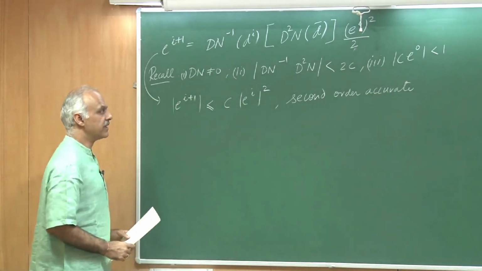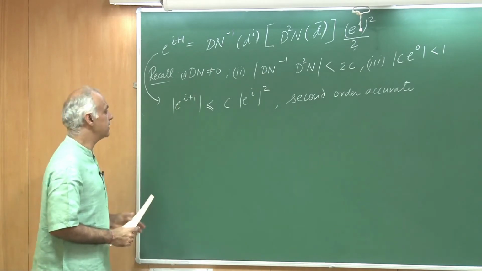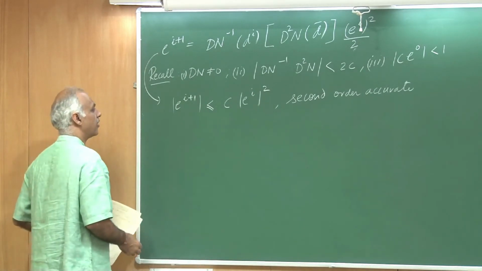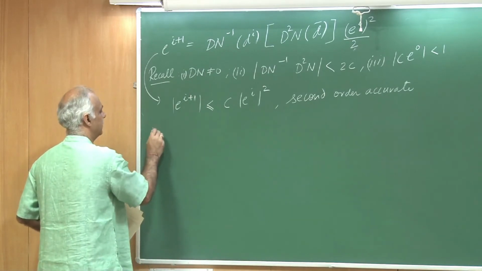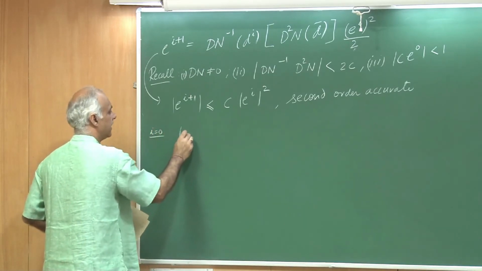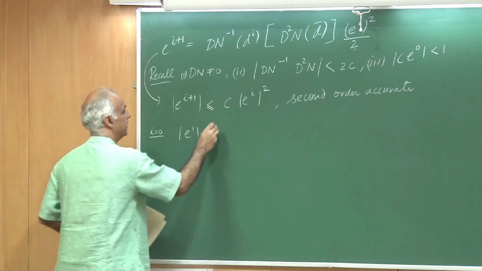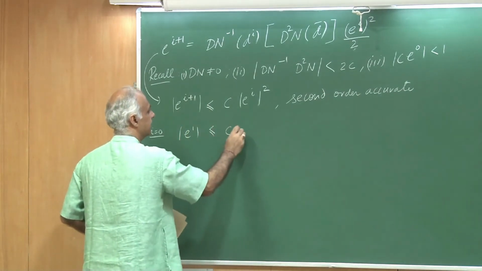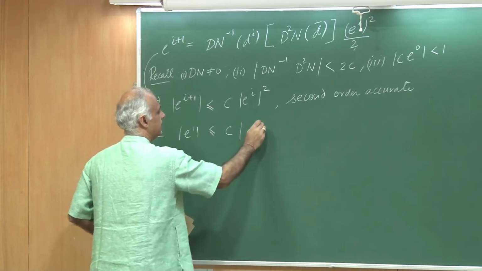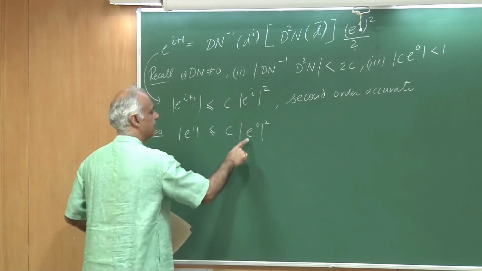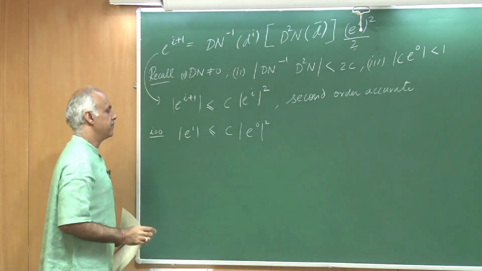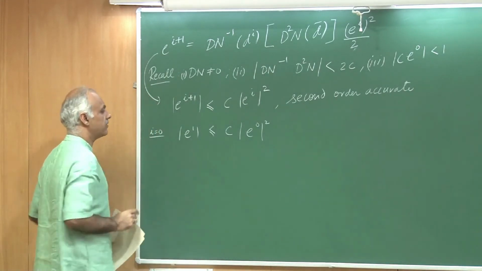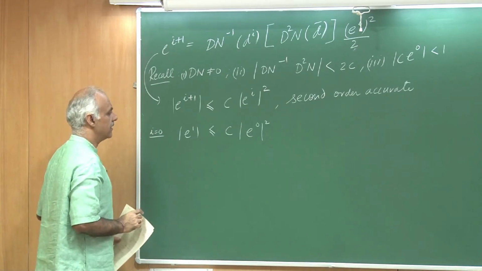To further show that this actually converges, we are going to start from E1. Suppose I put i equal to 0, that implies that E1 is given as C E0 whole square. So if it is sufficiently close, then I am going to have E1 also relatively small.